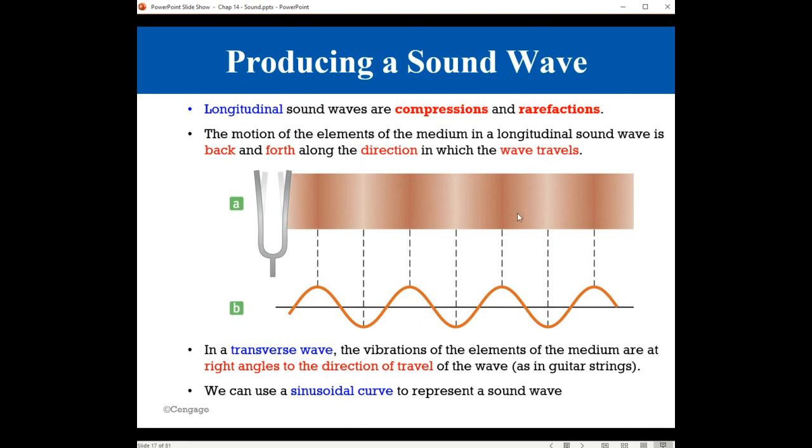These compressions and rarefactions, when they hit our eardrums, the eardrum will respond to them. If there is a compression, the eardrum will go inward. If there is a rarefaction, the eardrum will go outward.